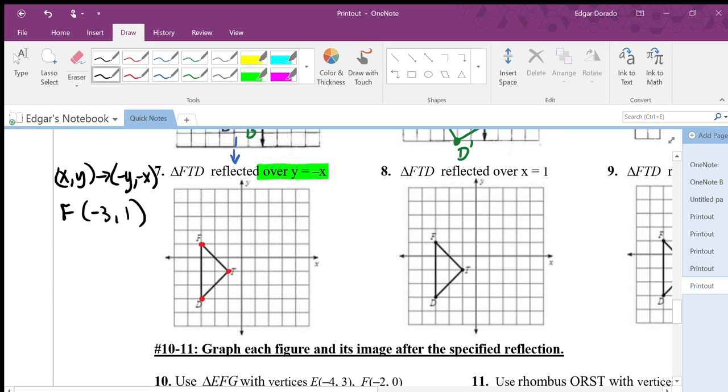T is going to be -1, -1, and D is going to be -3, -3. Okay. So now, given my new rule, I have to do F prime, T prime and D prime.